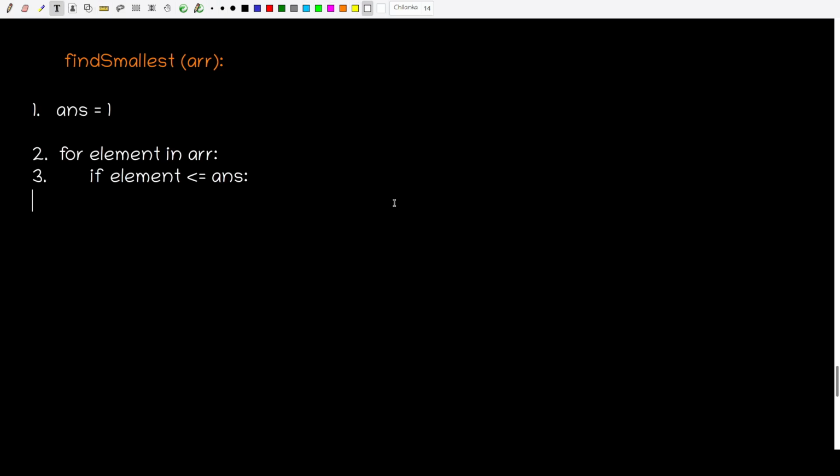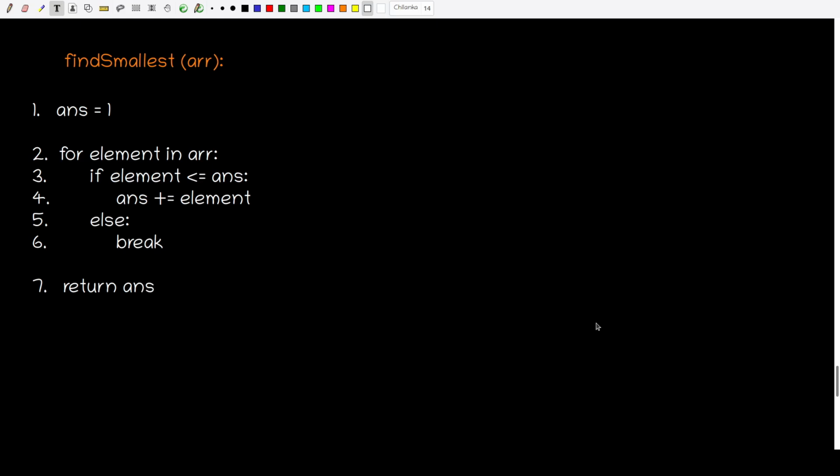So if element is less than or equal to answer, then in such case, we will find the next element which cannot be represented by the array, and that can be found out by answer plus element. If this condition is not satisfied, then we have found the smallest positive integer which cannot be represented, and we are going to break from our loop. And towards the end, all we have to do is return answer. So that's the pseudocode of this problem, folks.